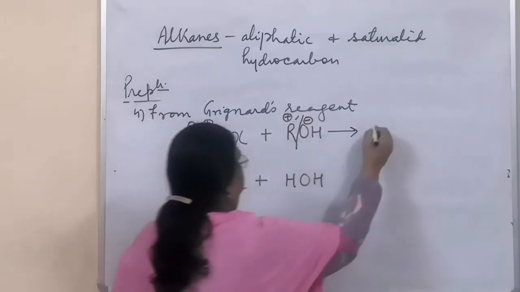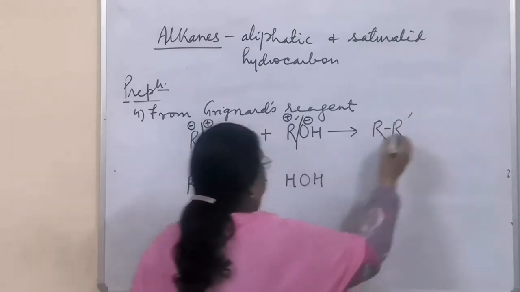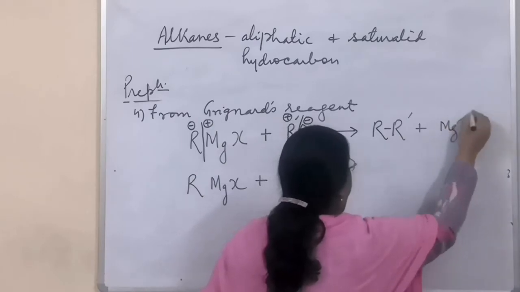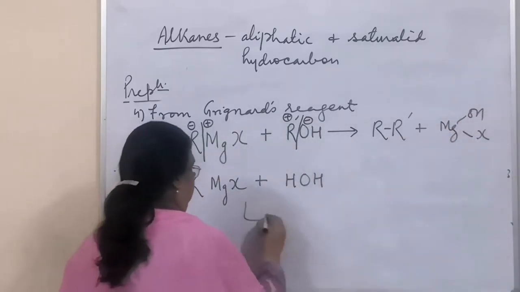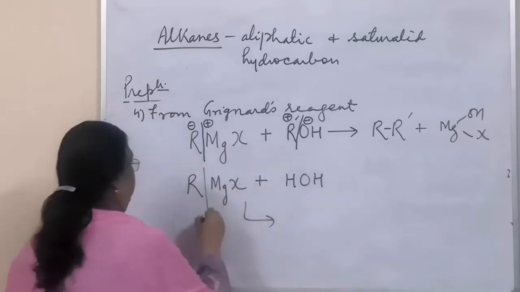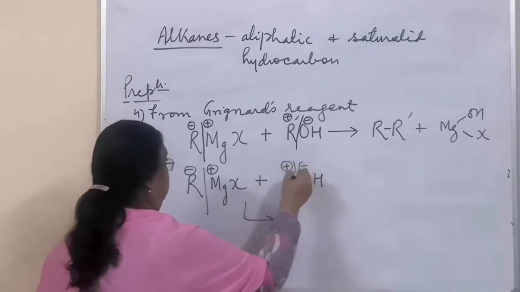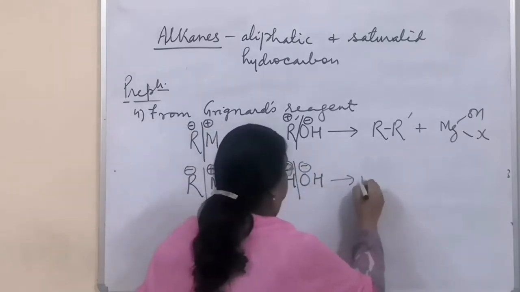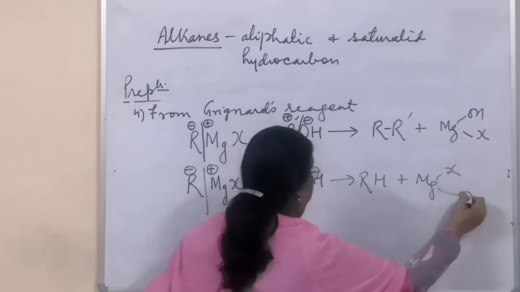So plus minus we will have R dash and we'll have MgOHX. And here if I write the reaction the same way, breaking, plus and minus, so we'll have RH plus MgXOH.